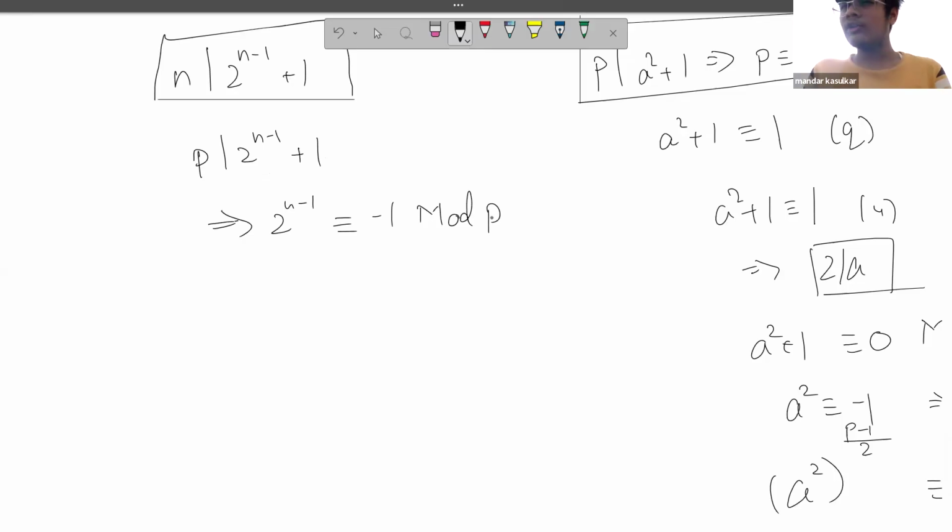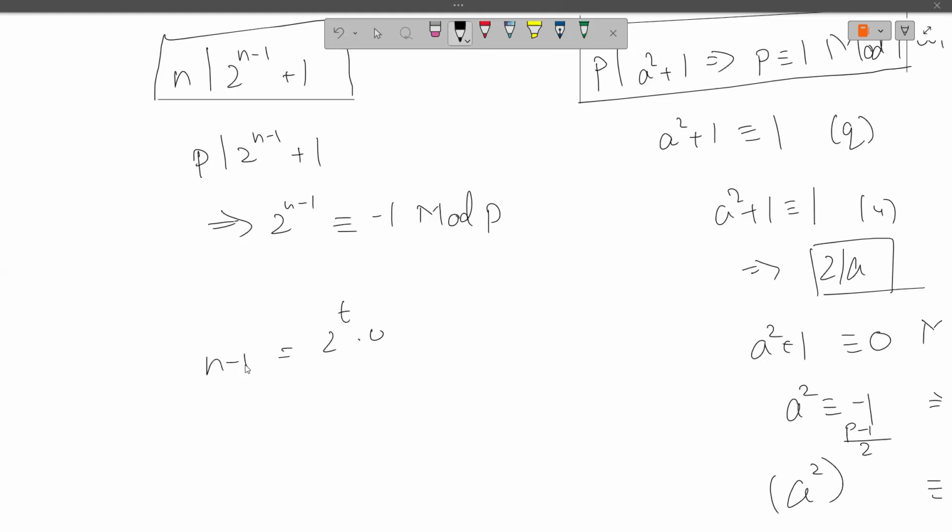I think you mean raising to negative integers. Not negative per se. Basically what I want to do is assume that n minus 1 is equal to 2 raised to the power t times u. And then 2 raised to t times u is congruent to -1.